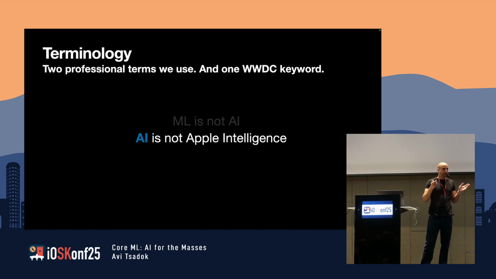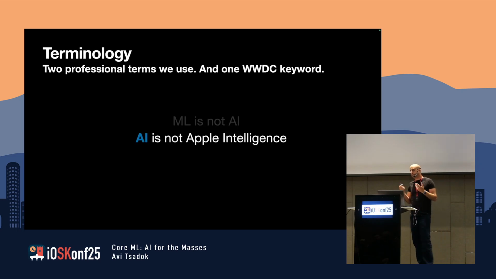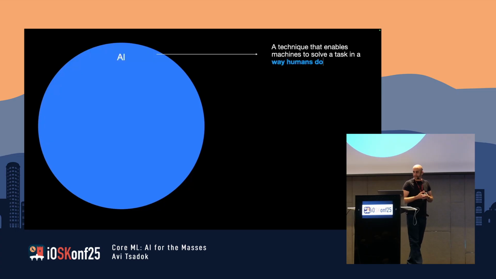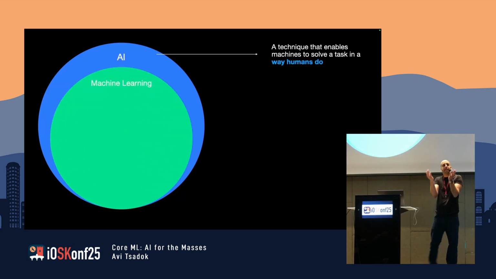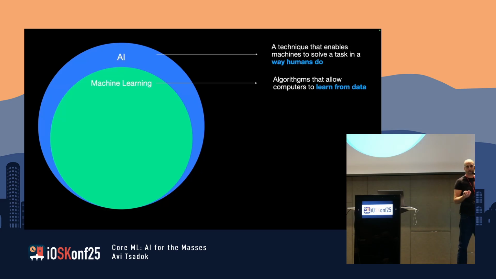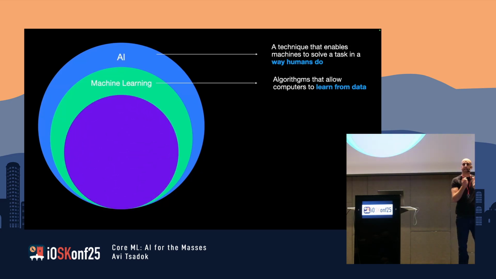So that's one of the things that we need to understand, because AI is a technique that enables machines to solve tasks like humans. Now, ChatGPT is a great example of an AI product. And machine learning is just a subset of that. Okay, it's what makes machines learn from history of data. Now, another subset of that is neural networks.